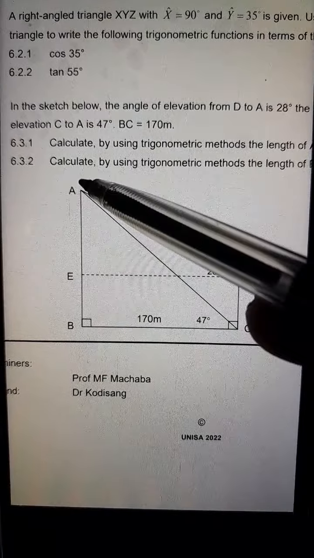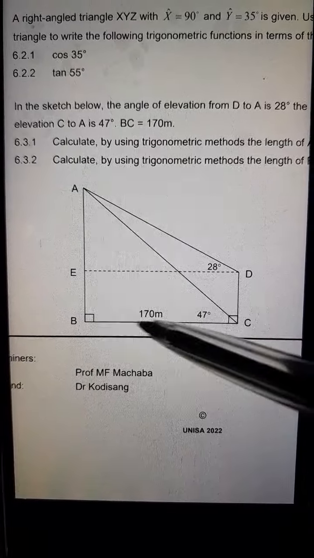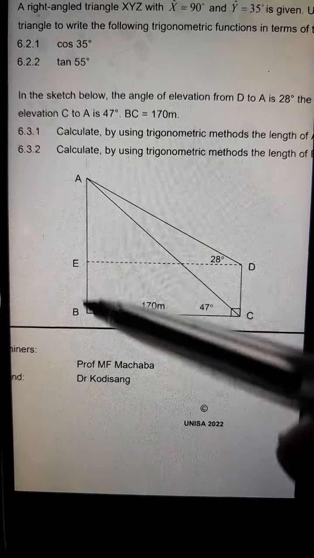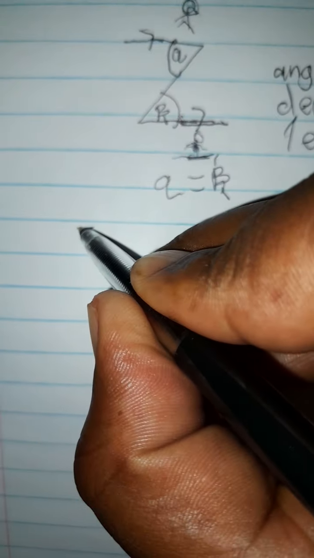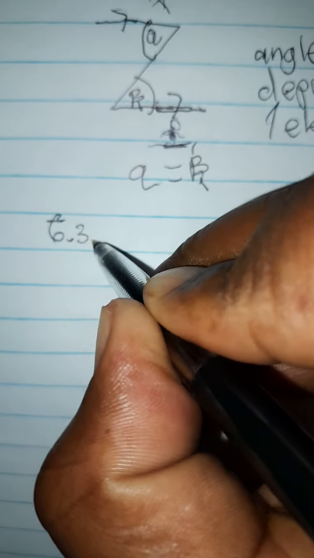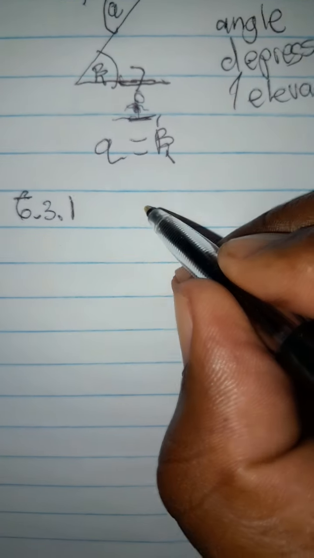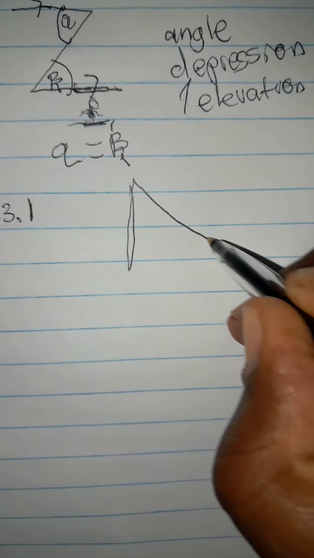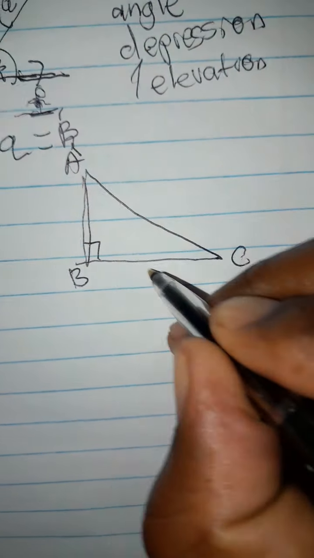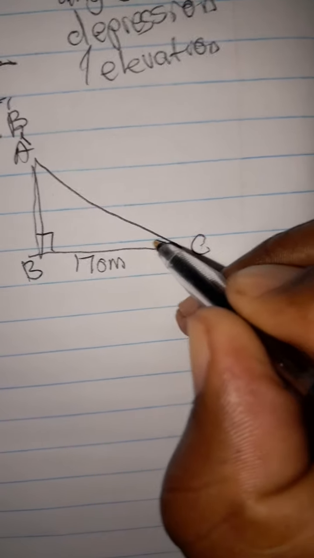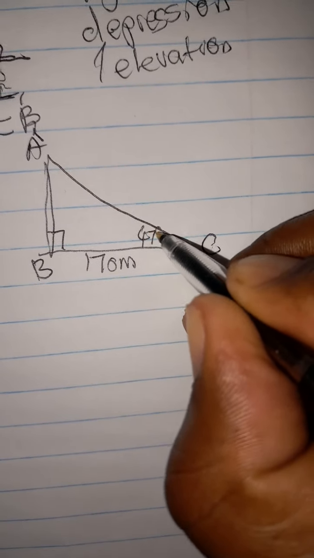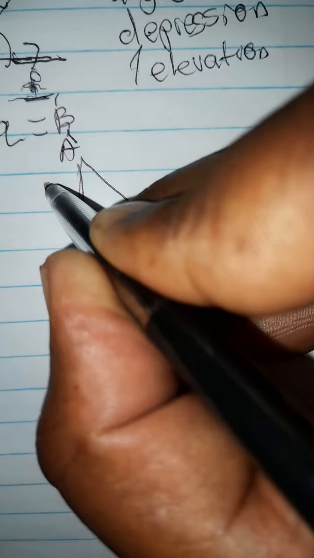Let's break this down. Let's start with the triangle that has most information in this case. Let's start with triangle ABC. We are at 6.3.1. We have A, B, C, and it's 90 degrees here. It's given as 170 meters. We also have 47 degrees. So you have your opposite side here, which is AB.